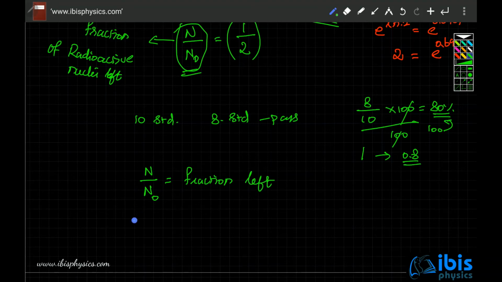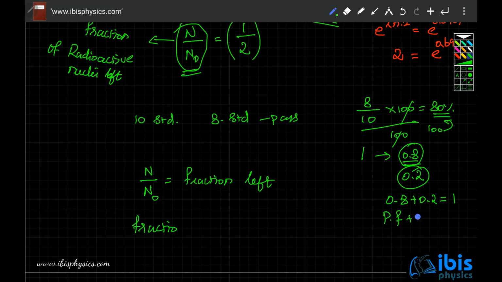What is fraction decayed? If pass percentage is 80%, passing fraction is 0.8, then fail fraction is 0.2. So 0.8 plus 0.2 is always 1. That means passing fraction plus failing fraction is always equal to 1.